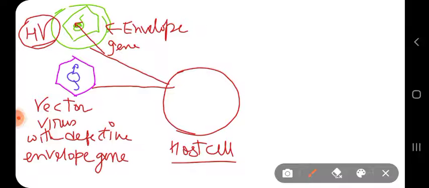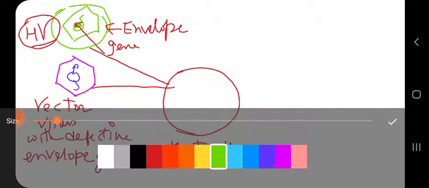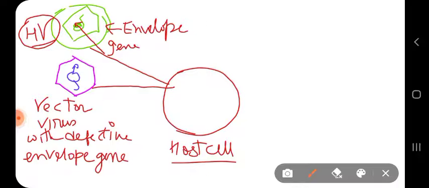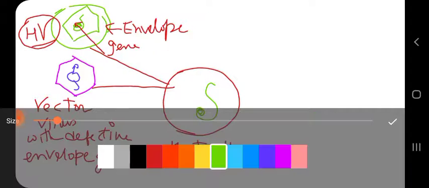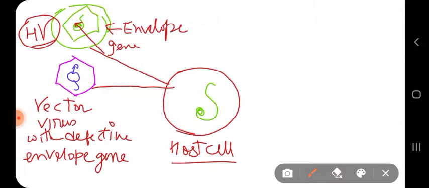So within the host cell, as we can see, the vector virus genome as well as the helper virus genome will be introduced. The blue one is the genome from the vector virus, and the green one is the genome of the helper virus, having the gene responsible for capsid production, whereas the vector virus doesn't have that gene for capsid production.